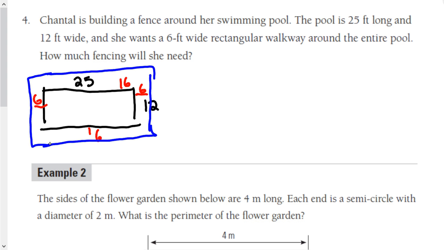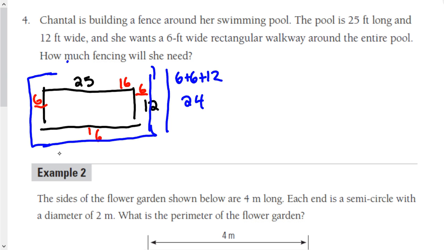So then this side length here comes in from here. So this is 6 plus 6 plus 12 to give us 24. And then this side is, oh, I think I did that backwards. I did. So this side is 6 plus 6 plus 12, which gives us 24.